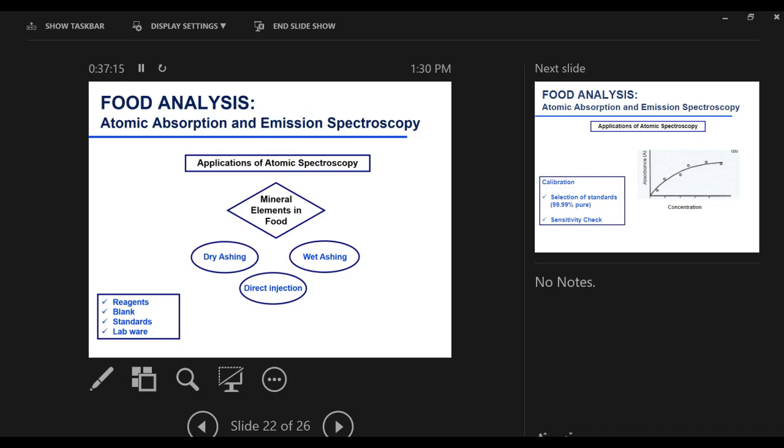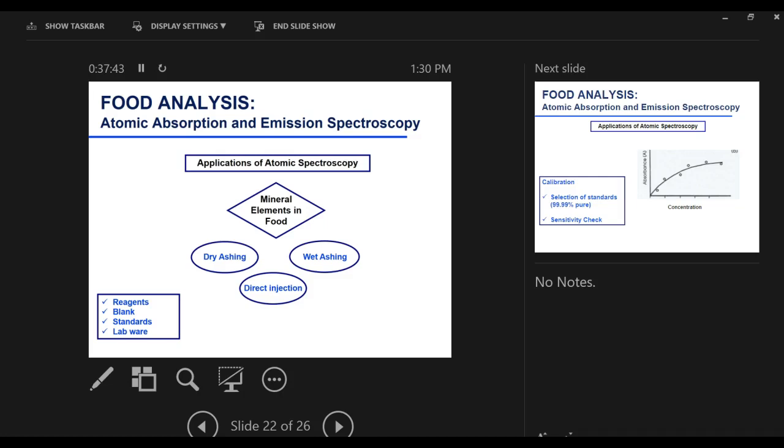This lab requires a lot of preparation, so Cindy and the TAs put a lot of effort into making sure that your experiment works. We acid wash all the glassware so we don't have contamination from labware, and we run a blank to account for any contamination from reagents.